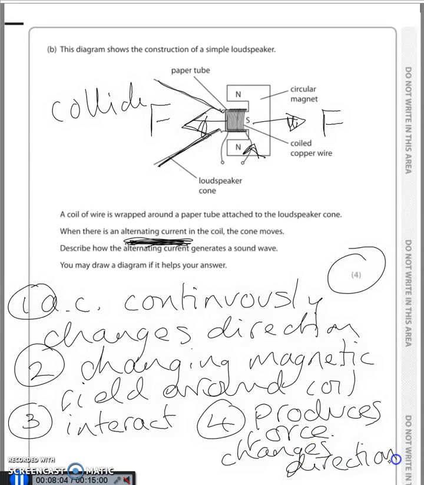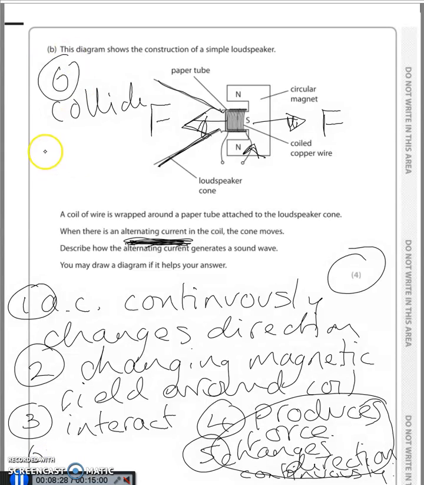And you've got your 4 marks already. That would actually, for this one, they're quite generous in the mark scheme, that would actually be worth 2 marks. One for producing the force and the other one that changes direction continuously. I think that word's important. And then number 6 is what I was saying here about colliding with the air particles and producing a sound wave.